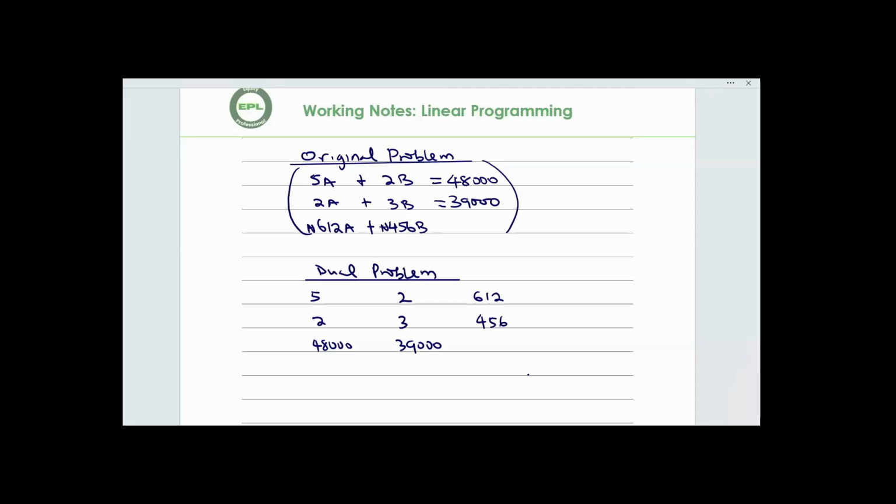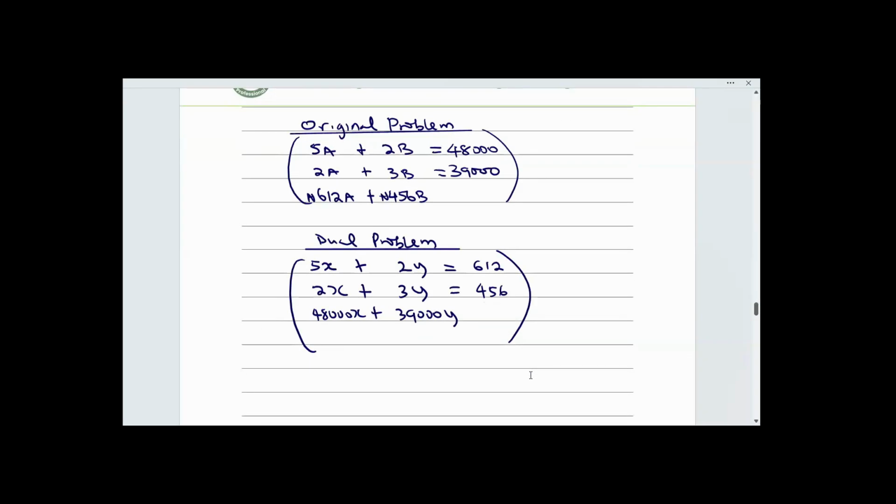In the original problem, the letters we have are A and B. As you move to the dual, you also need to change the letters. We can use X and Y. So this is how to find the dual problem.